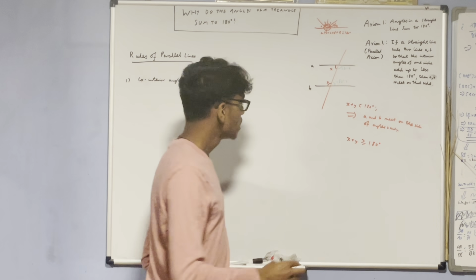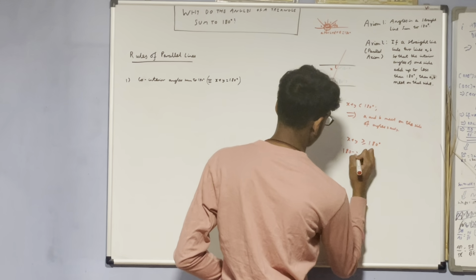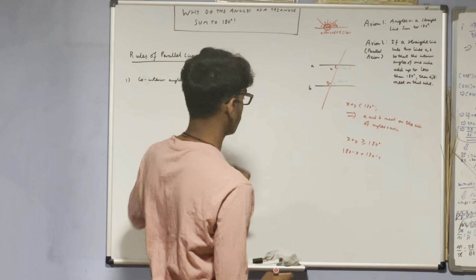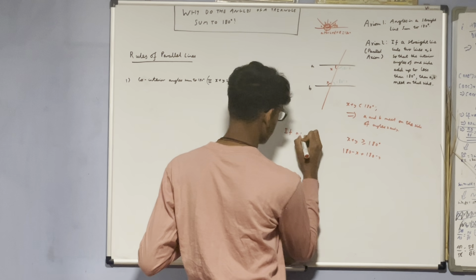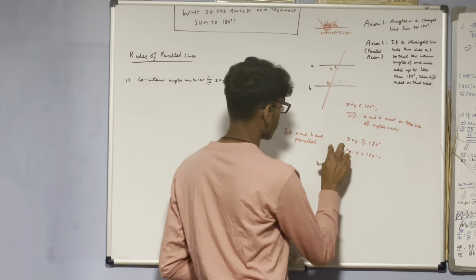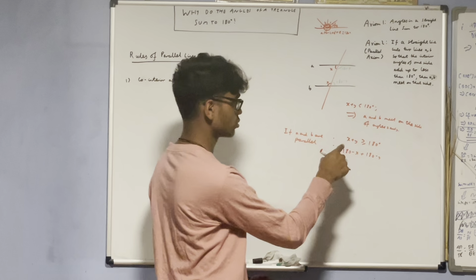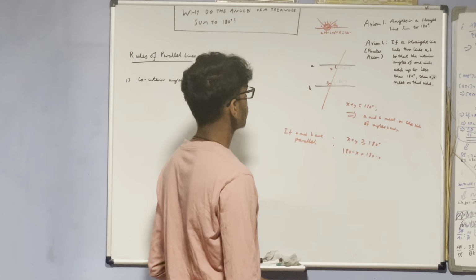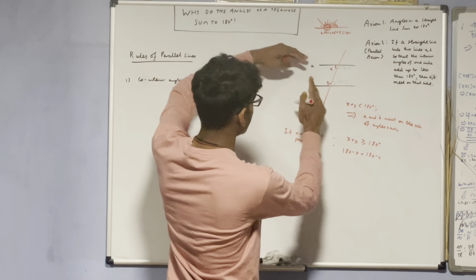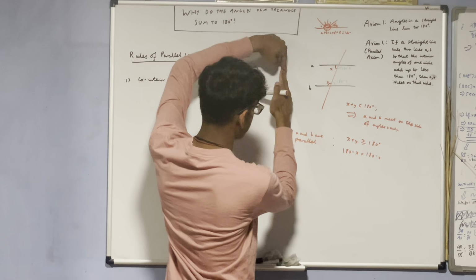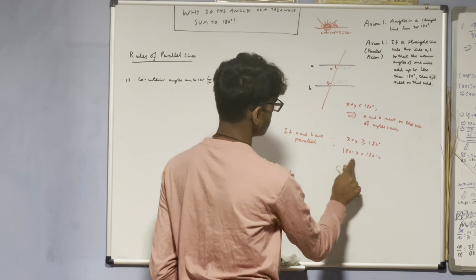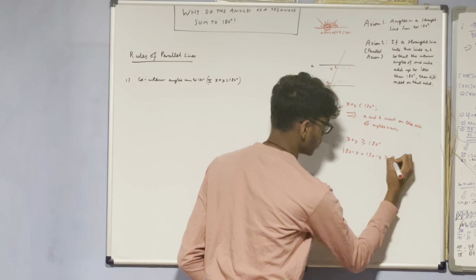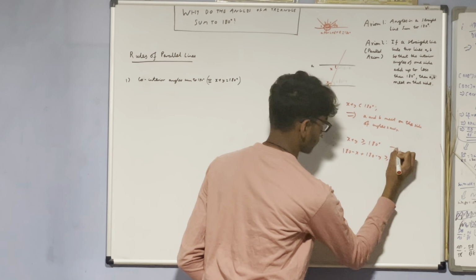But similarly, since parallel lines don't meet on either side, we don't get intersection of the two lines here or here. That means 180 minus X plus 180 minus Y is going to be greater than or equal to 180 degrees.